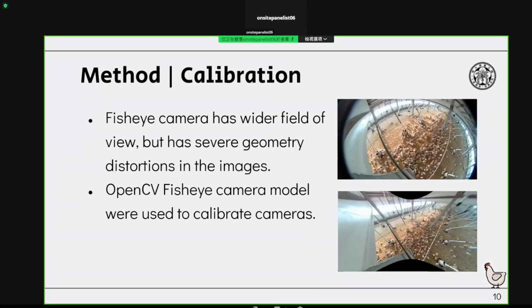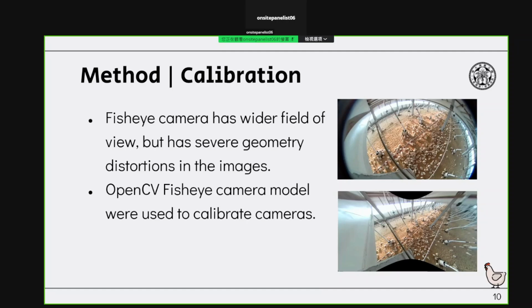The reason we need to do a calibration is that lenses with short focal length can acquire a wider range of the scene, but images taken by fisheye cameras face very severe geometric distortion. So I used a chessboard and the OpenCV fisheye camera model to do the calibration and deal with this problem.